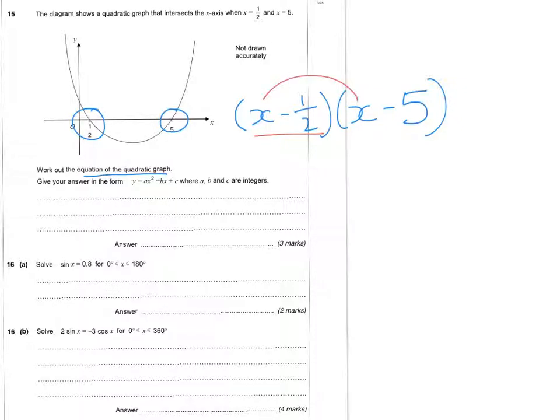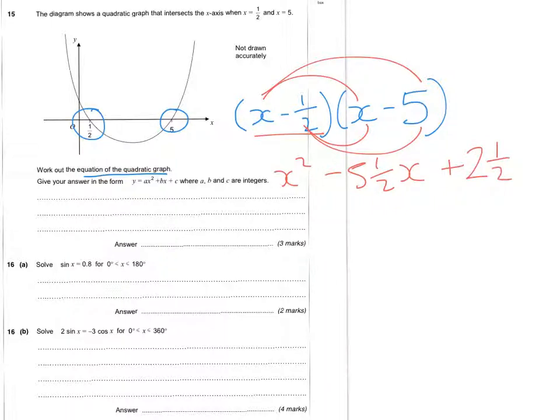When I expand this bracket, I'll get x squared minus 5.5x plus 2.5. So to fix that, I'm going to multiply this bracket by 2.